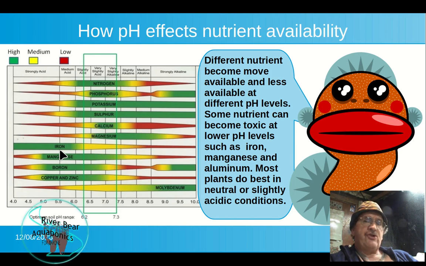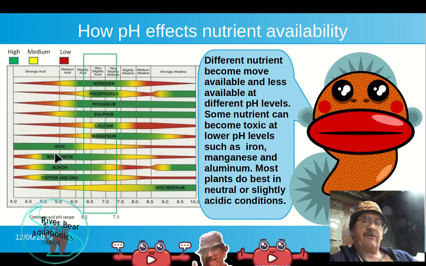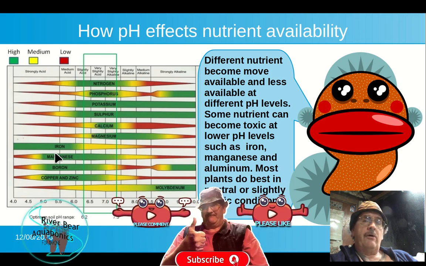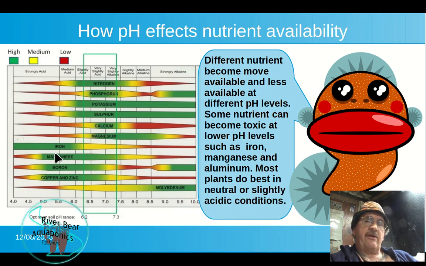If you get your pH too low, sometimes things that your plants need, such as iron here, iron actually can become toxic to a plant if the pH is too low. And the reason it becomes toxic to that plant is because it becomes too available to that plant. And that starts hindering its ability to take other things that it needs.